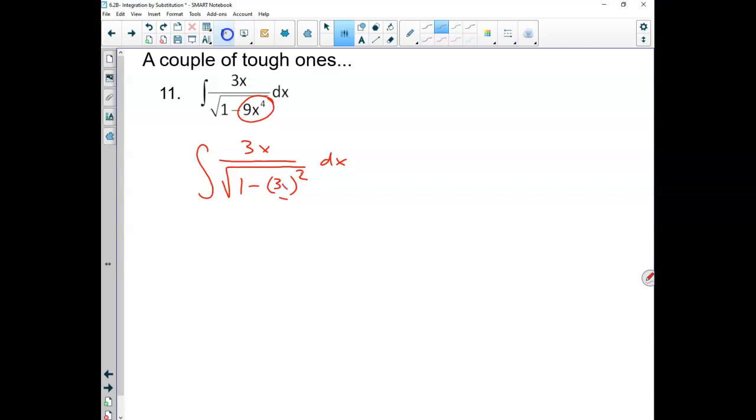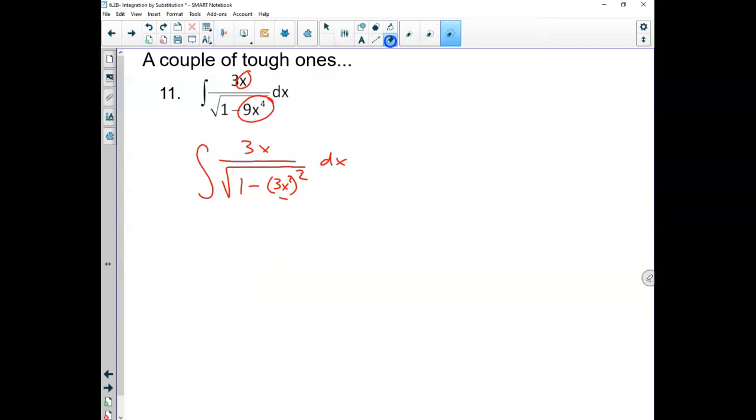Maybe a 3x squared, right? 3x squared times 3x squared gives me a 9x to the fourth. Ah, okay. And if I took the derivative of that 3x squared, that's going to give me a 6x. Bottom line, that's what I'm looking for. There he is. Ooh, I think I just found my substitution.